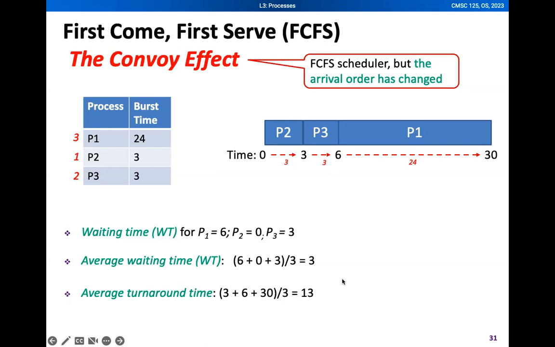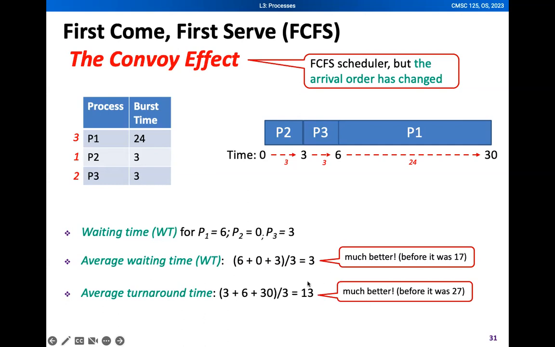And compared to the previous example wherein P1 got executed first, at this point, since P2 and P3, which are much shorter jobs, got to arrive first, the average waiting time has sufficiently improved. Okay, and the turnaround time has also improved, so it is much better. So before, it took 27 milliseconds when P1 got to arrive.